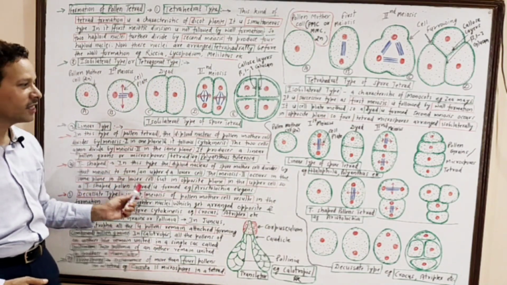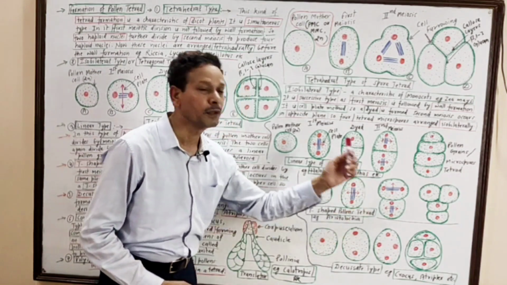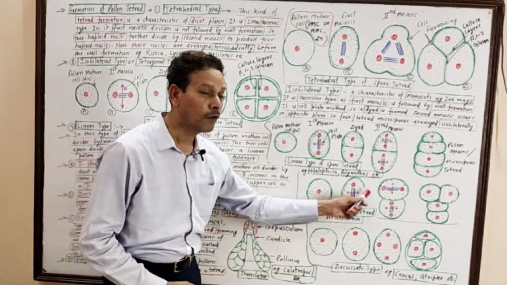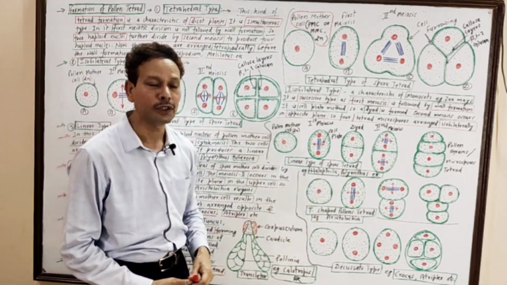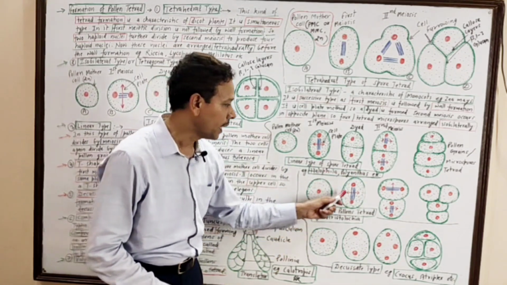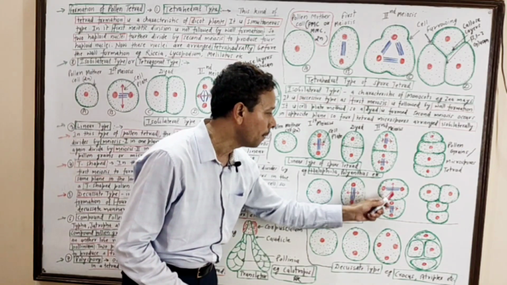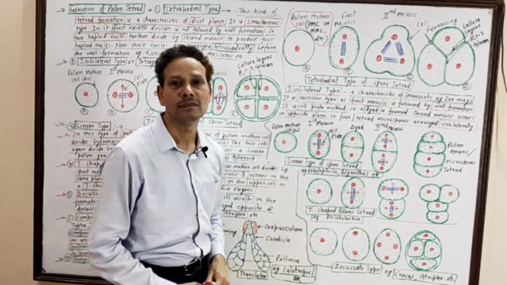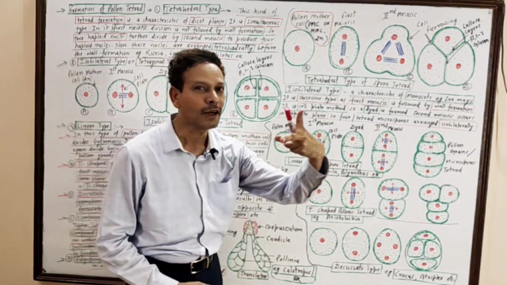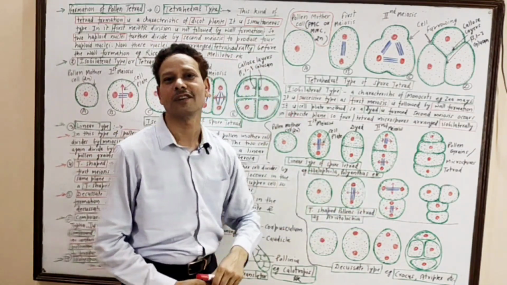T-shaped. In this type, after first meiosis, cell wall formation occurs by cell plate, it is centrifugal. As a result, two cells are formed, upper and lower. In these upper and lower cells, second meiosis occurs in opposite direction.